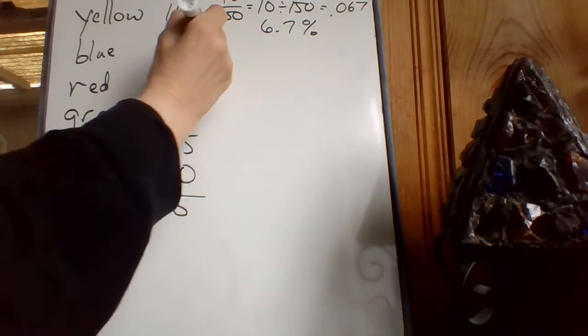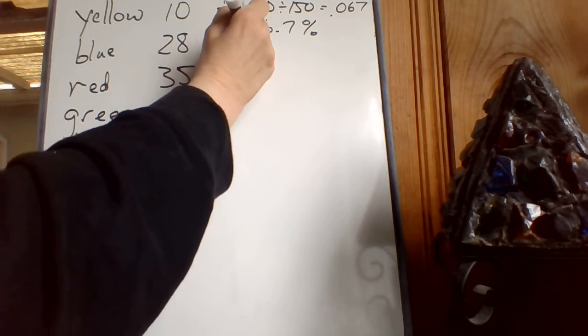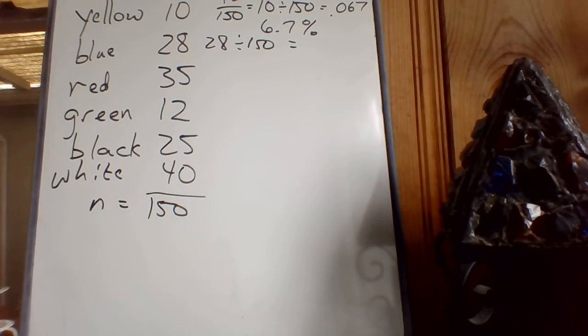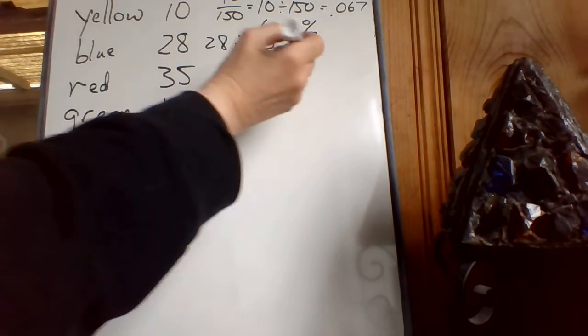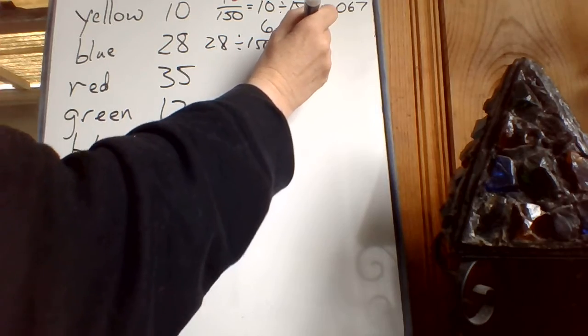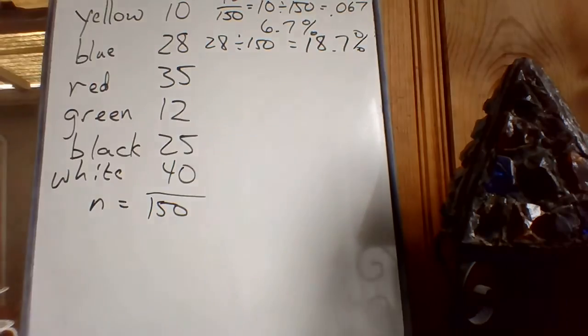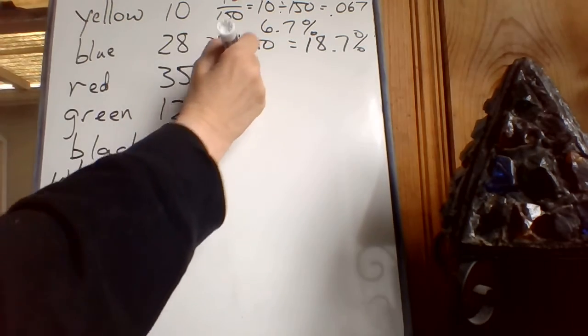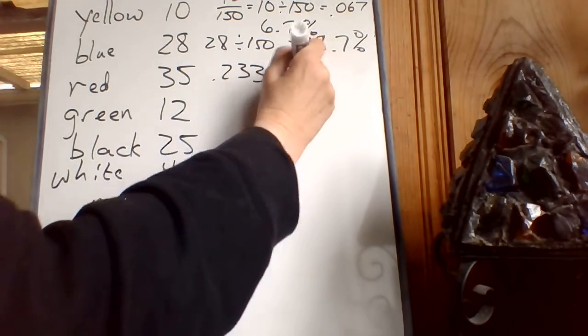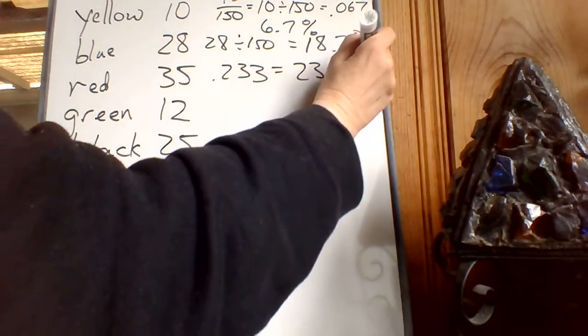All right, and then I go 28 divided by 150. And I get 0.187, so move that over, 18.7%. 35 divided by 150, that's like 0.233, but I'm going to switch that into 23.3%.